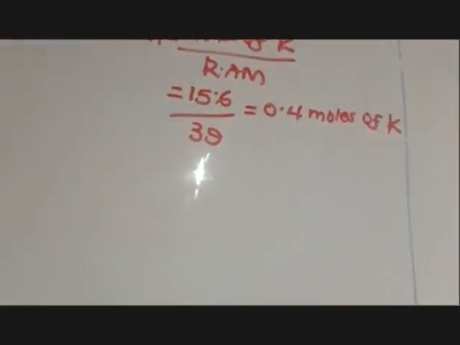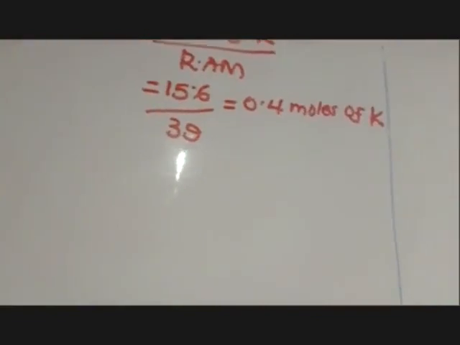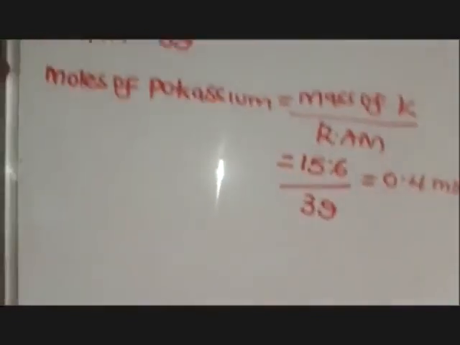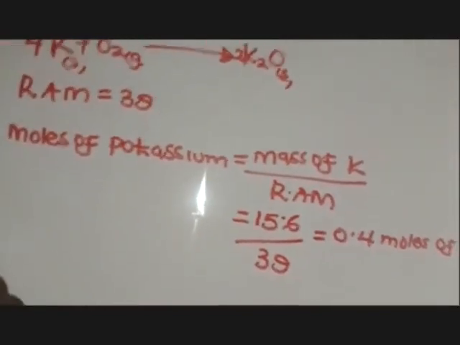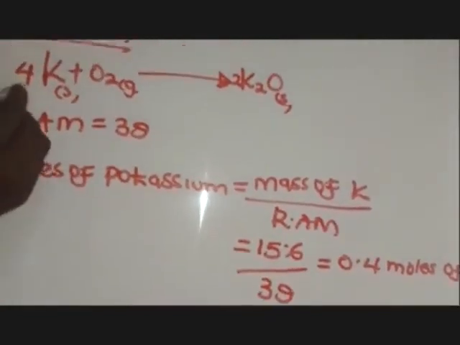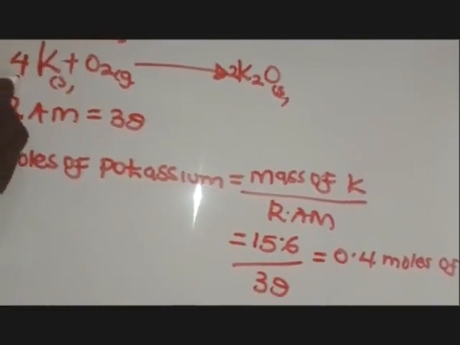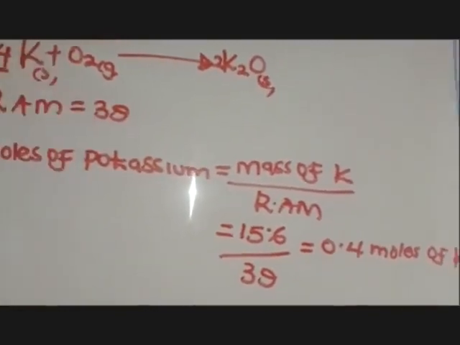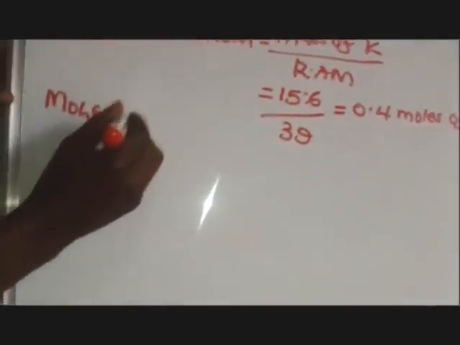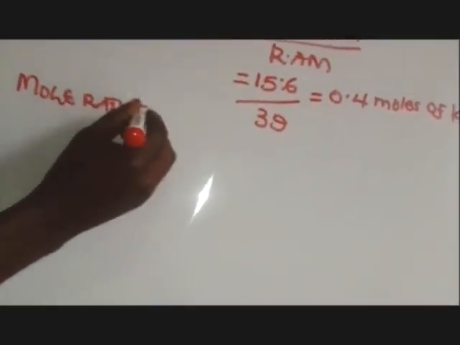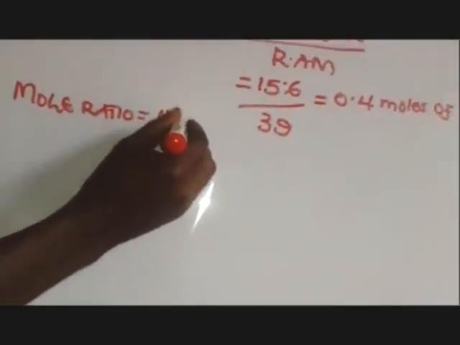Remember, the question is telling us to find the oxygen which reacted. Now here we can find our moles of oxygen by applying the mole ratio. From our equation here we see it is 4, you have this 4 here, and then it is a hidden 1 here. Therefore, our mole ratio here is going to be 4 to 1.